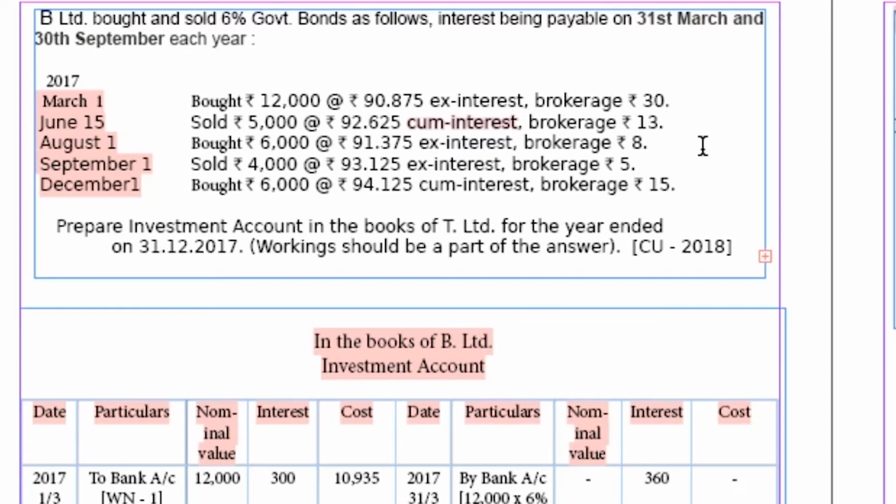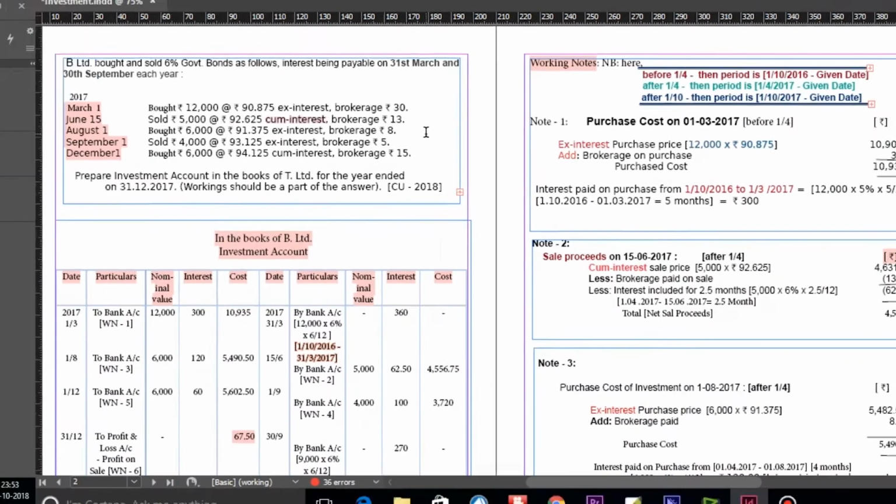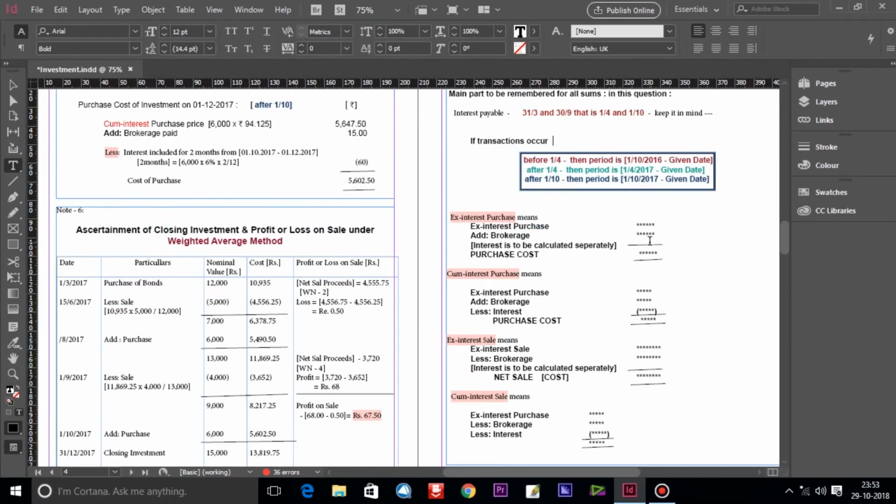In this question, there are two terms, x interest and cum interest, which have already been discussed in my last discussion. Now I am showing a particular chart which I have made for you. Main part to be remembered for all sums.